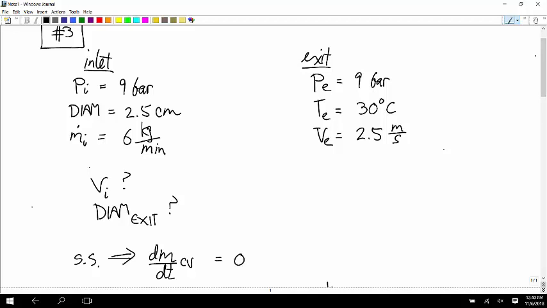What do we know? We know the temperature is 30 degrees Celsius and the pressure is 9 bar. So we know two properties. That's enough to look up any other property that's in the table. The property that we would like to look up is the specific volume.